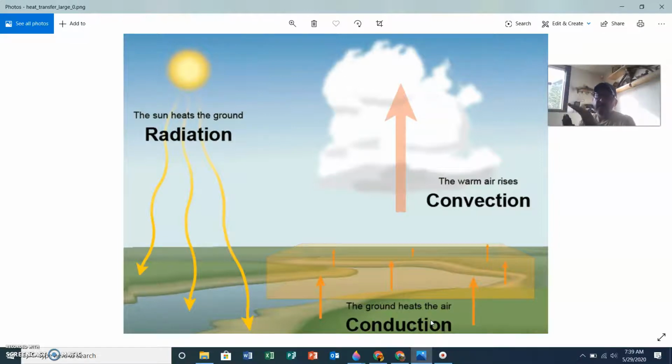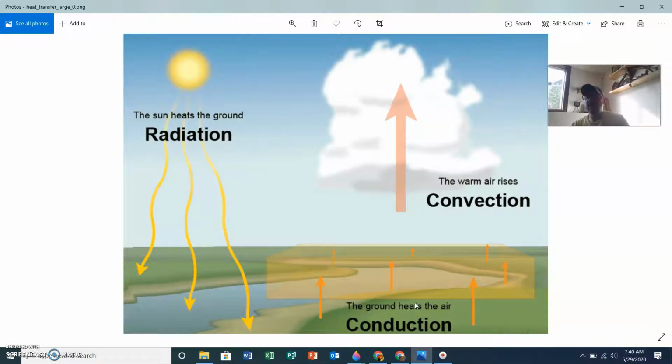And that collision happens literally from the molecules of the ground that are now vibrating more because they have more thermal energy, and they will collide and transfer that vibration to the molecules of the air just above them. That's conduction. That's direct ground to air contact. So the ground conducts the energy, transfers it to the air just above the surface.